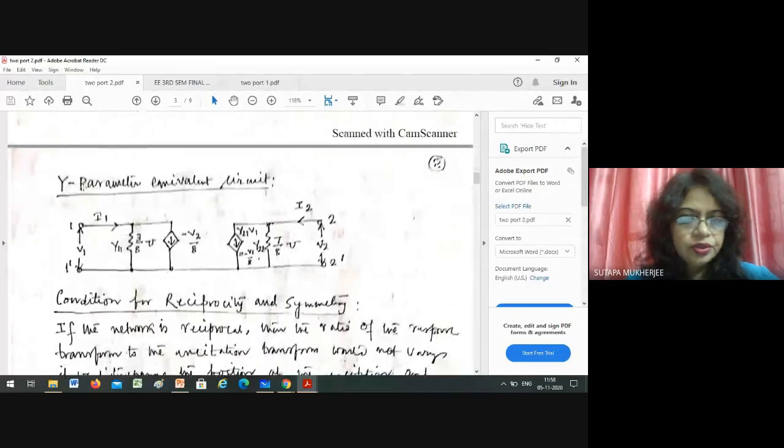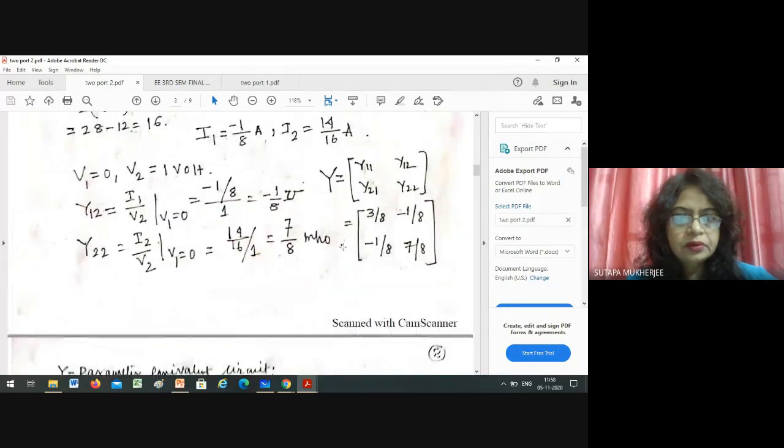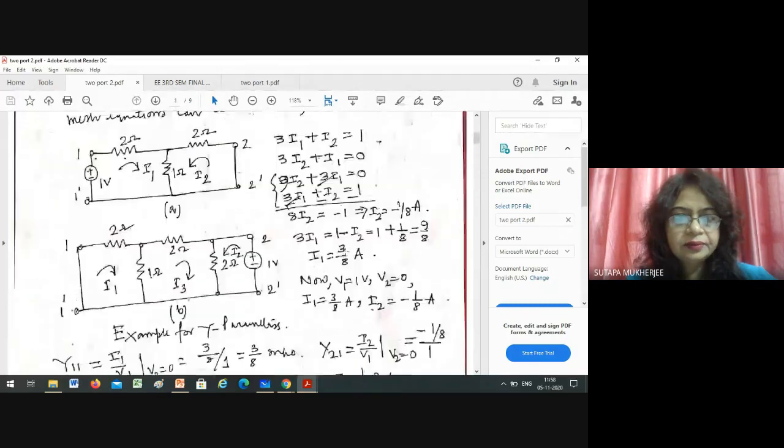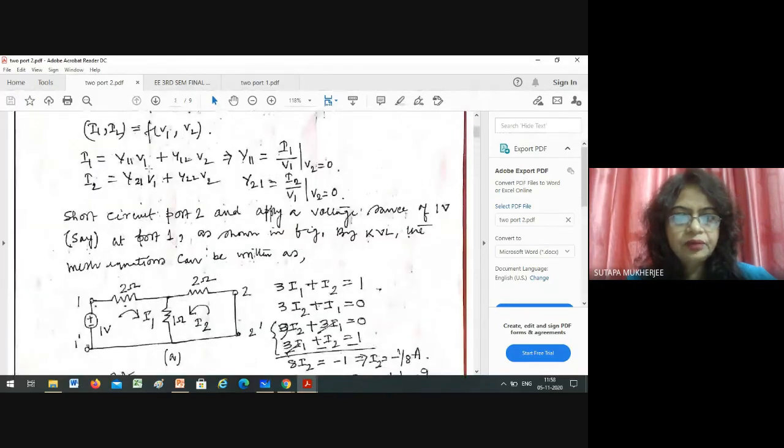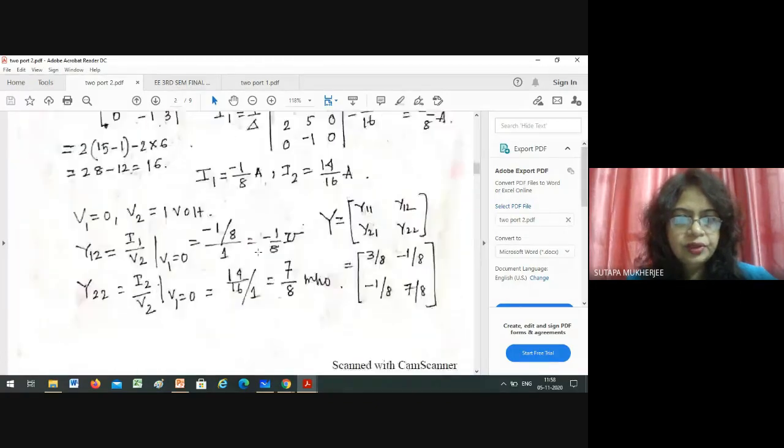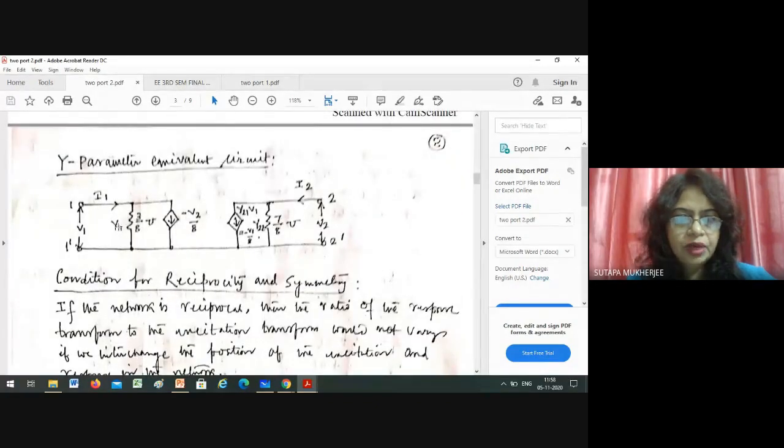Okay, so what will the y parameter equivalent circuit be? We have got the values. What was the equation? y11 v1, I'm sorry, and y12 v2. See whether you got this. y11 v1, right?